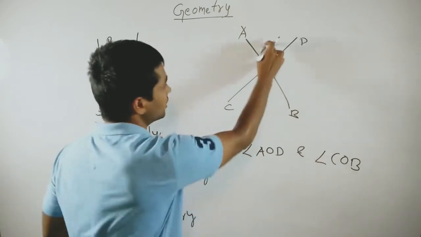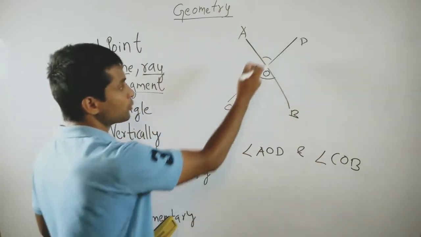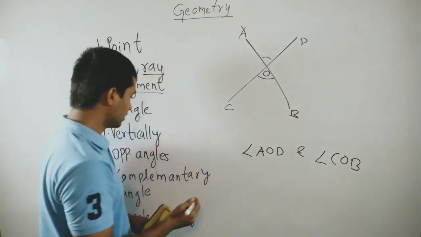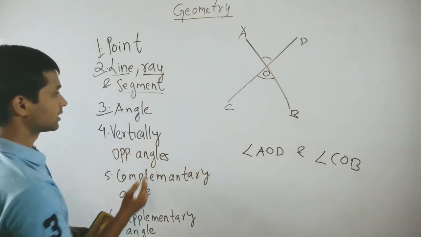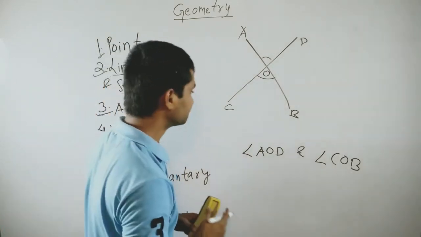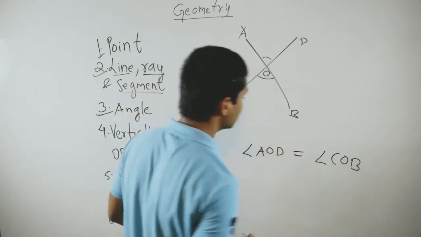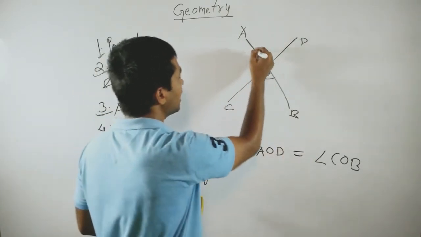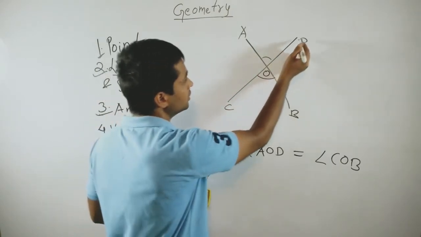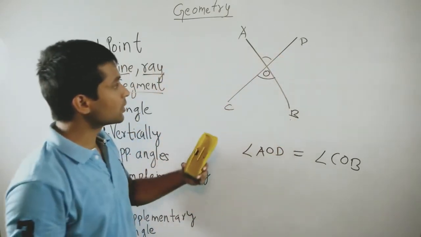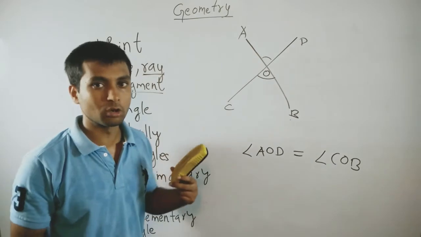You can see these are two vertical angles and they are just opposite to each other. So they are called vertically opposite angles and they are always equal. Similarly, if we take AOC and DOB, they are also vertically opposite angles and they are also always equal.